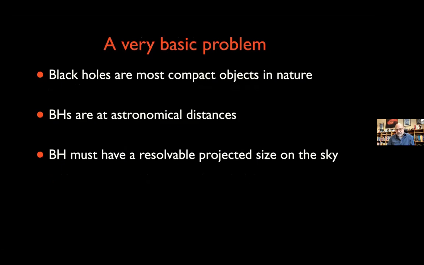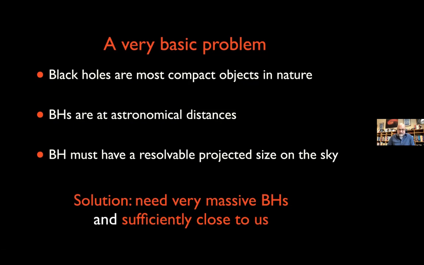So its projected size on the sky has to be something that one telescope, whatever telescope you decide to use, has to be able to resolve. If you put all of these conditions together, you only have one solution: you need very massive black holes because their size is the largest possible.